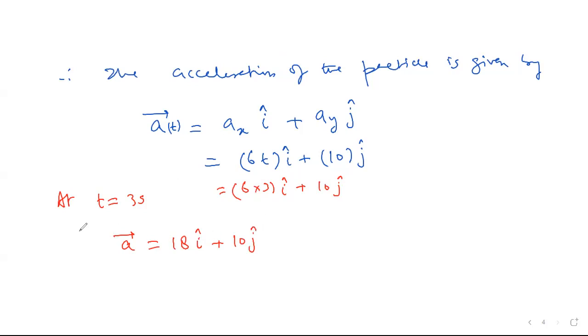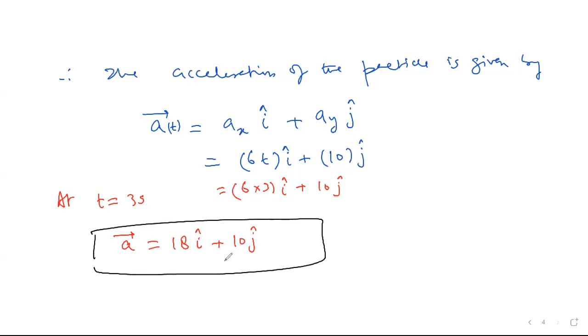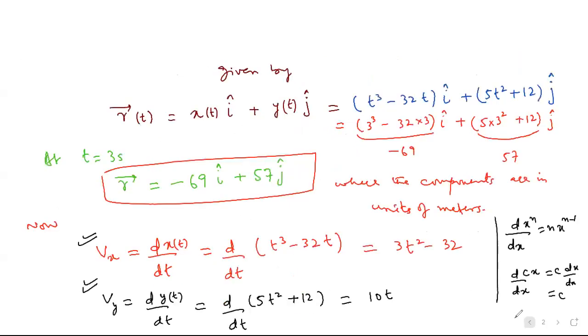So this is our acceleration at t equal to 3 seconds, 18i plus 10j. It is in units of meter per second square. So we have done our problem.